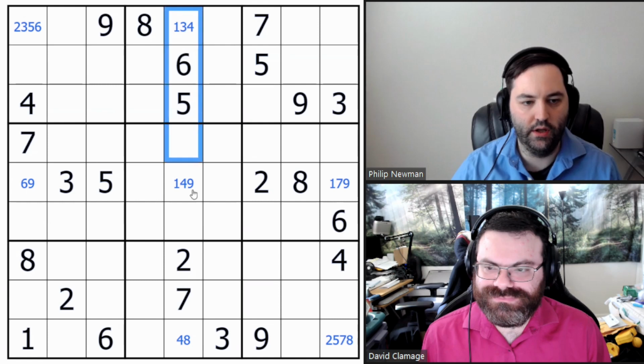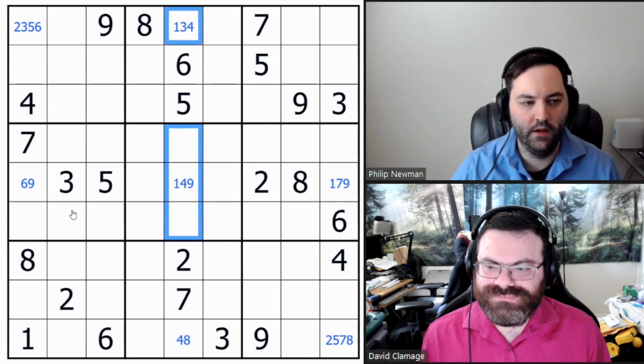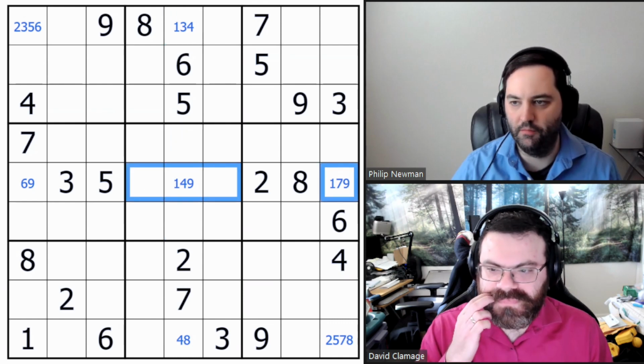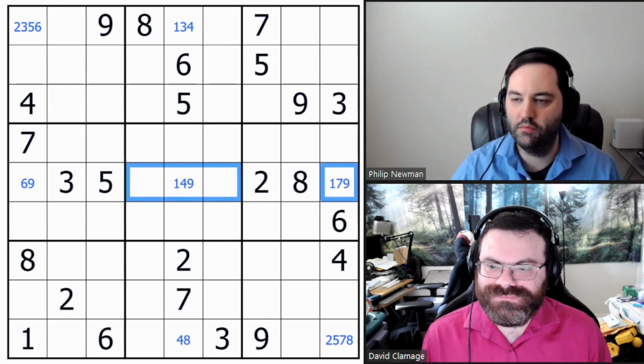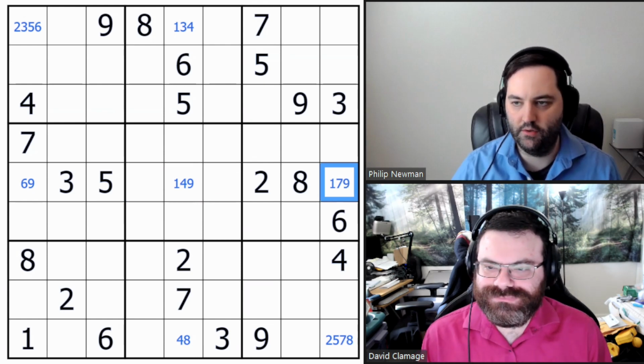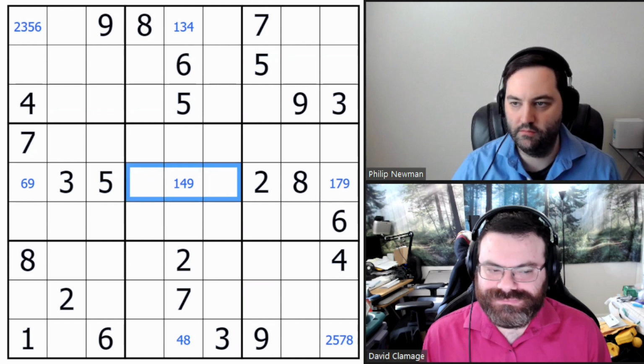And so in column 5, one can either appear in one of those cells in box 5 or up here in row 1. And similarly for row 5, it can appear here or here. So what that tells us is either there's a 1 here or there's a 1 in one of these cells.